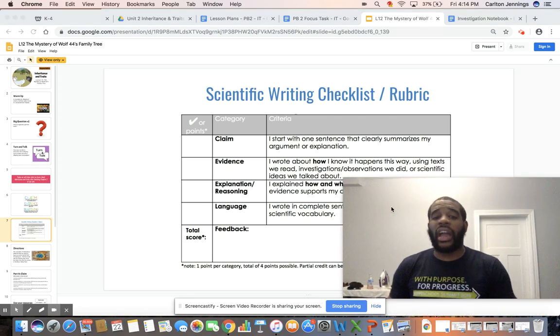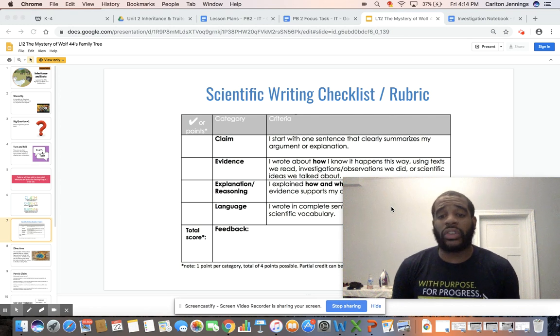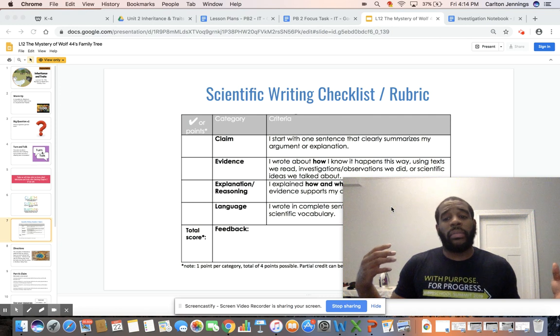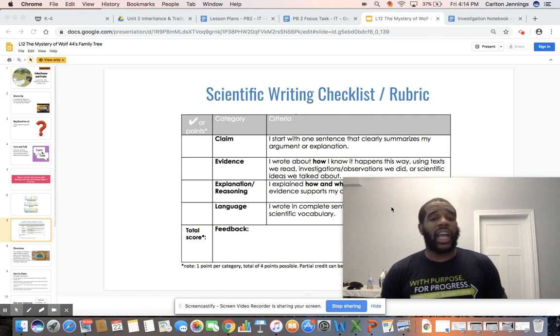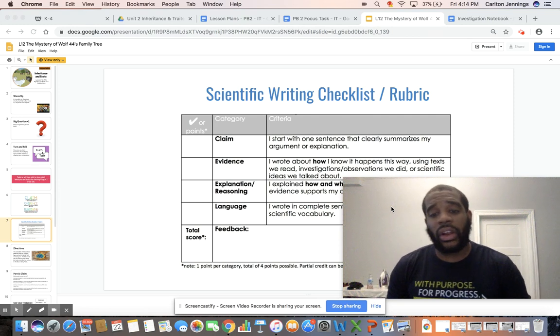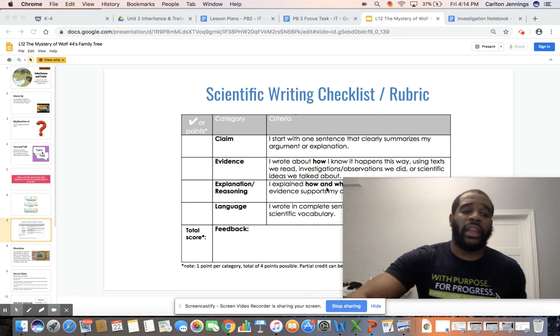And in your language, I'll be looking for different words. These are our vocabulary words, like organisms, offspring, generations, and family trees. Using any of this scientific vocabulary that we've learned is helpful to explaining your answer.